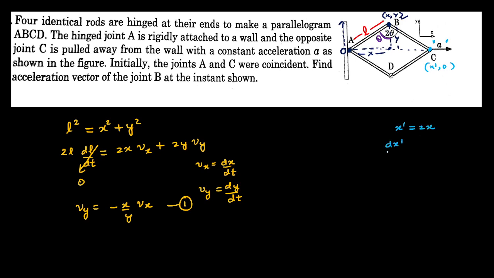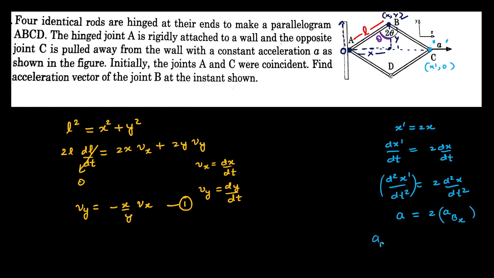So dx dash by dt is 2 times dx by dt, and if I differentiate further, d squared x dash by dt squared is 2 times d squared x by dt squared. In the question they have given d squared x dash by dt squared as the constant acceleration A, so the acceleration of the point B along the x-axis is A by 2, and we already got one of the components.